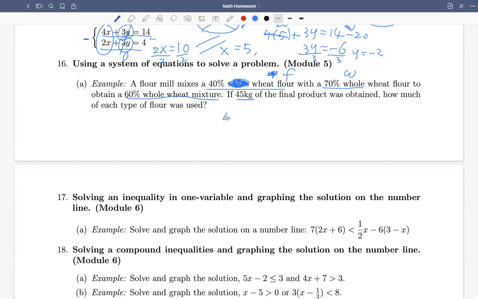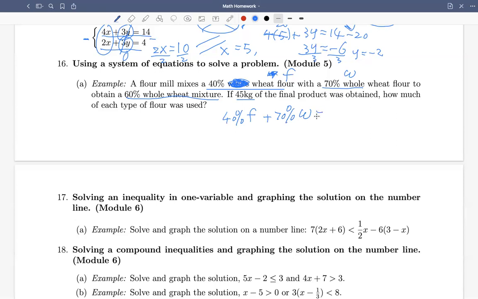So 40% of wheat flour multiply, right? Plus 70% of whole wheat flour, right?